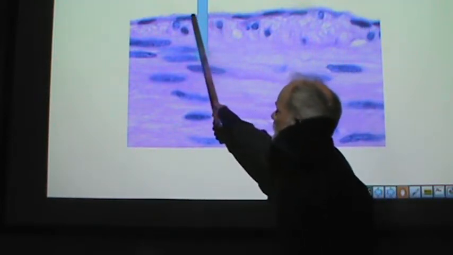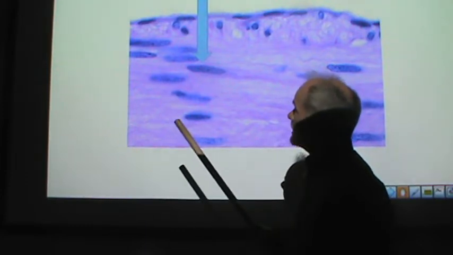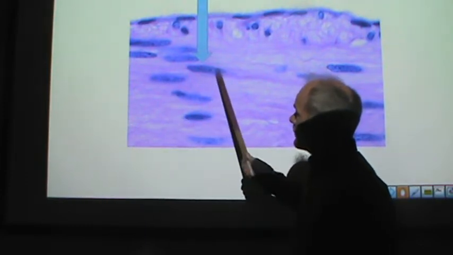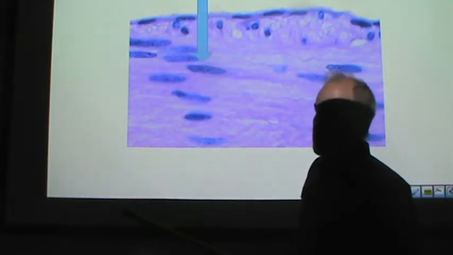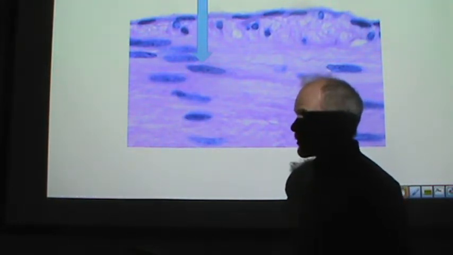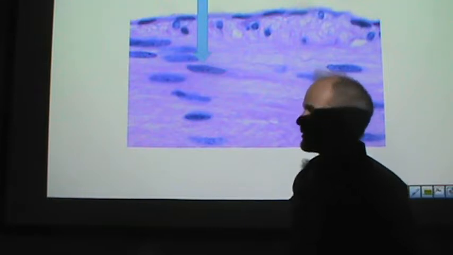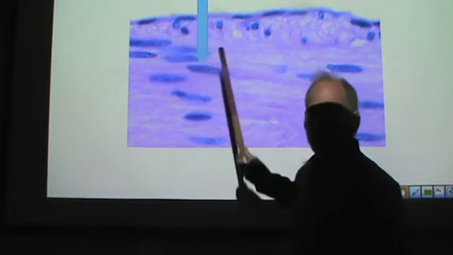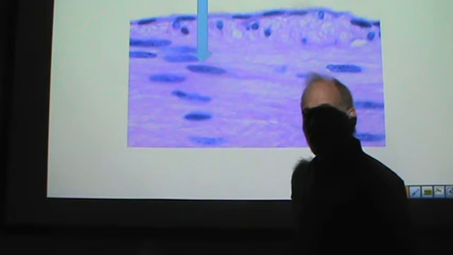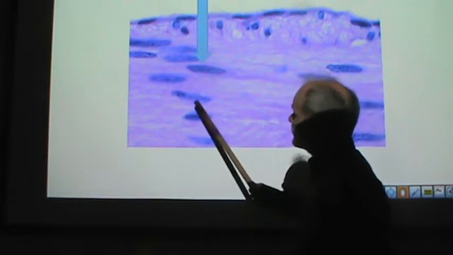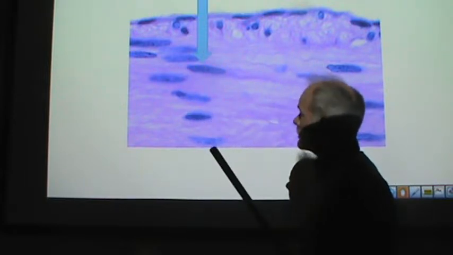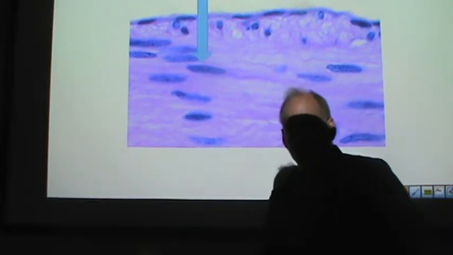So this would be simple squamous here, and down beneath, we have a layer that we often see underneath the epithelial tissue, particularly where we have blood vessels. This would be our smooth muscle layer, like you find in an artery. Are we good with this? So we have the simple squamous on top, and then you can see this layer of smooth muscle down beneath here.